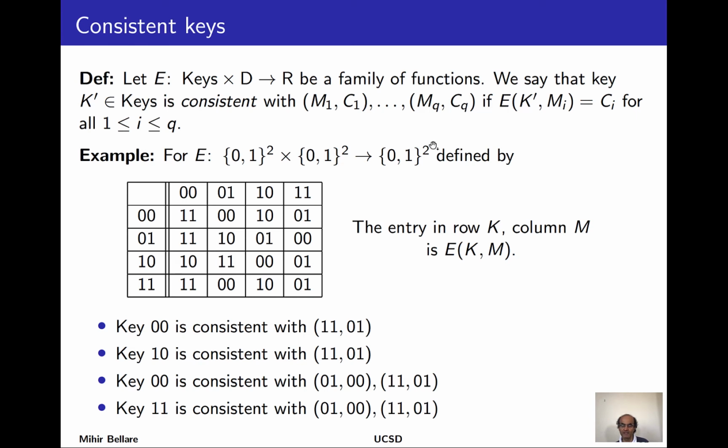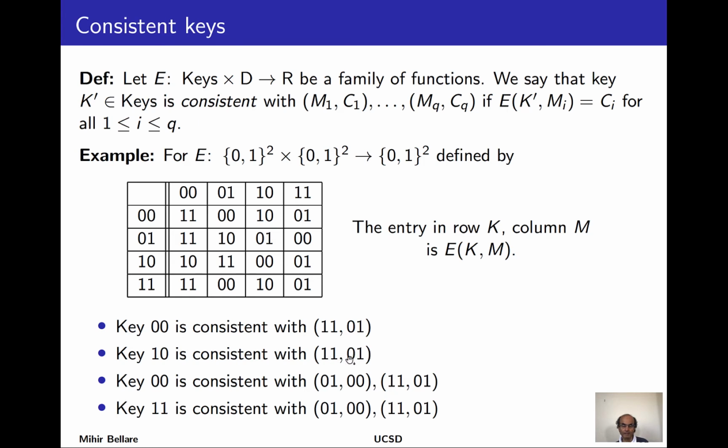It's a list of length 1. For this list of length 1, I look at a specific key 00 and I ask, is it consistent with that? How do I check that? I want to know if this input 11 maps to 01 under 00. Does it? Yes.